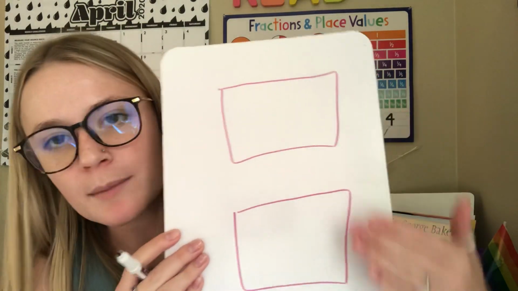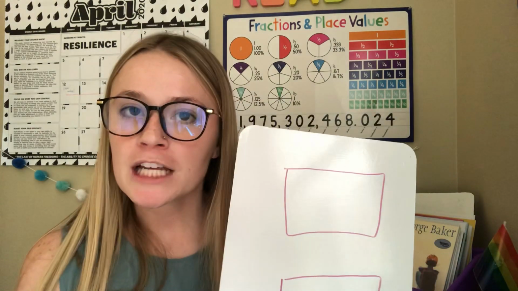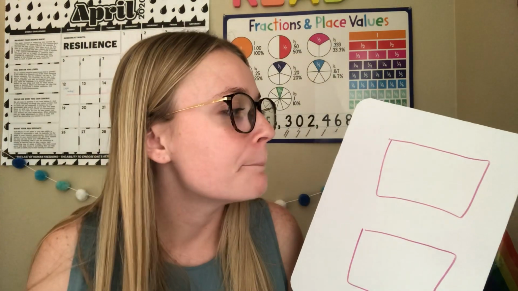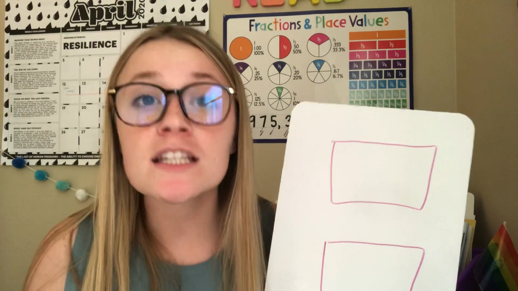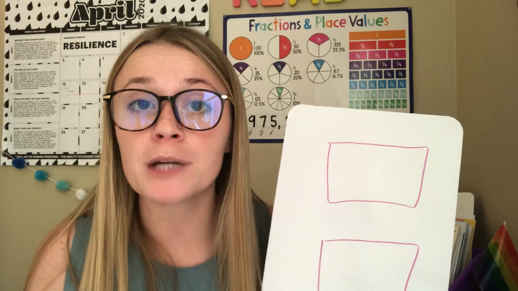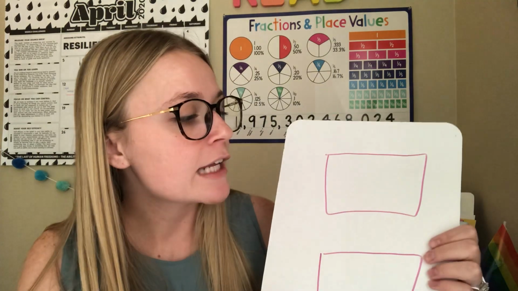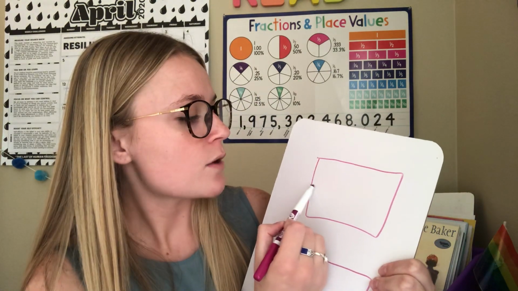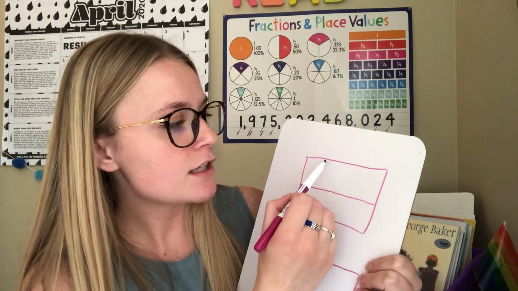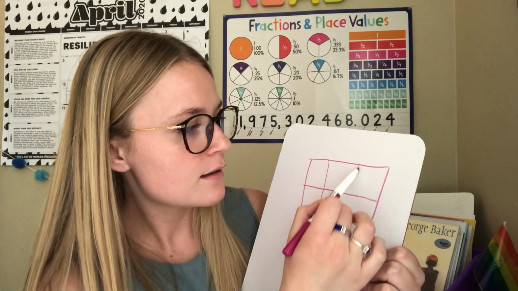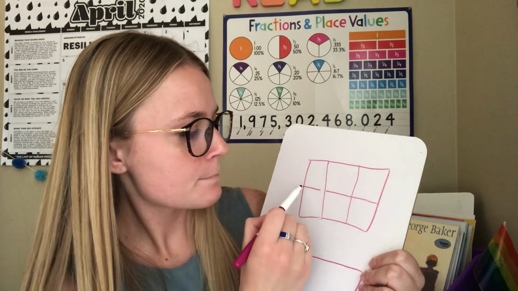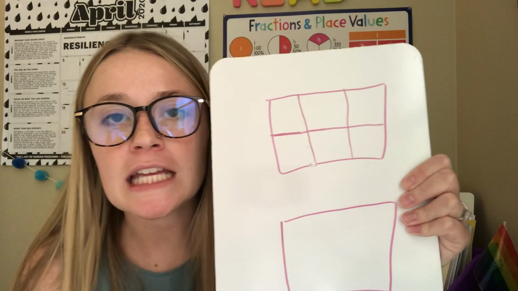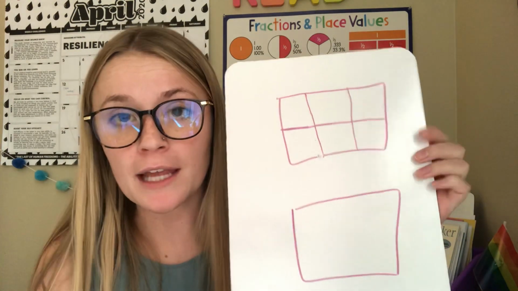I drew 2 of them so that you could see a visual representation. If I made these brownies for me and my 5 friends, that would be 6 of us sharing the pan of brownies. So I want everyone to have an equal share. So I'm going to divide this into sixths, so that everybody gets a piece of the brownie.